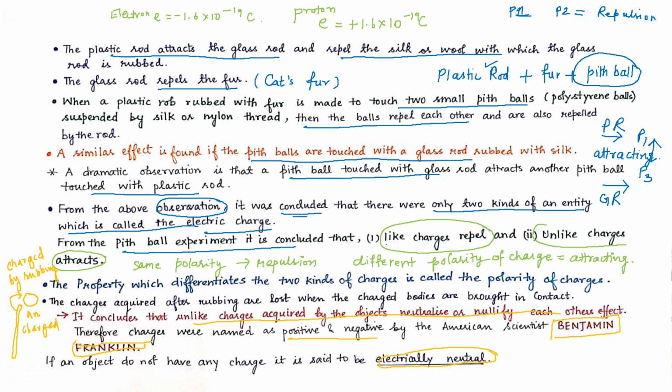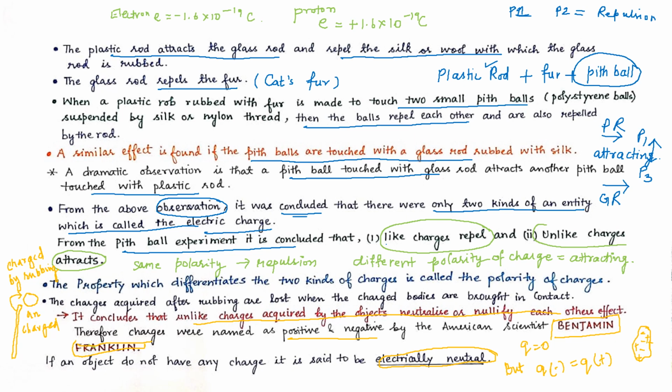Now moving on to the electrically neutral bodies. An electrically neutral body does not imply that the charge on a body is zero, but it implies that the charge having negative polarity is equal to the charge having positive polarity on the body. A body will always have some charge, but the amount of charge present in the negative number will be equal to the amount of charge present in the positive number.